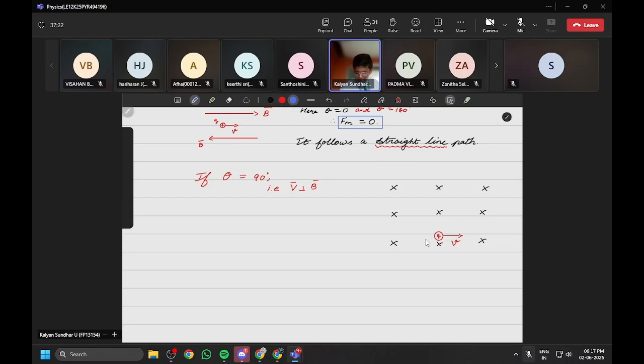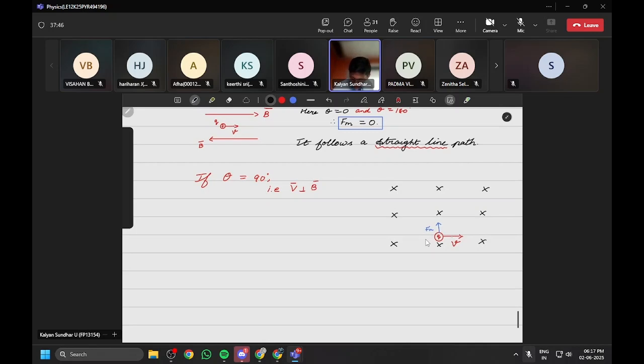So the resultant will be in the upward direction. Correct? Then the acceleration is also in the upward direction. So will the path that was going straight change or not? It will change. It will tend to make a turn here, so it changes its path in this direction.